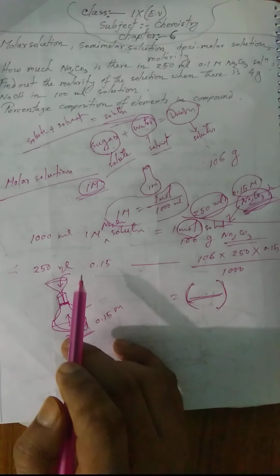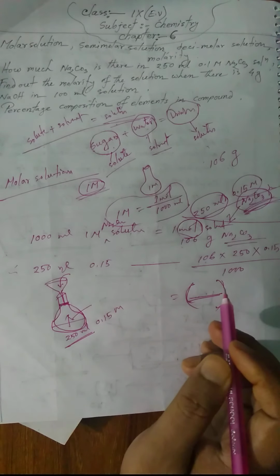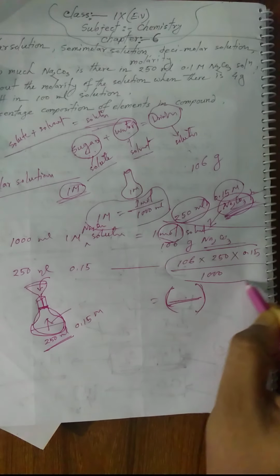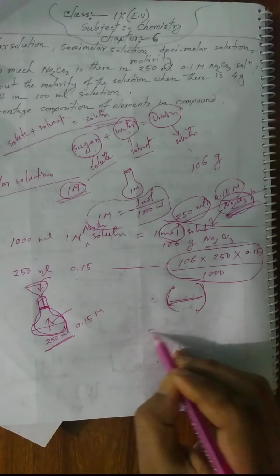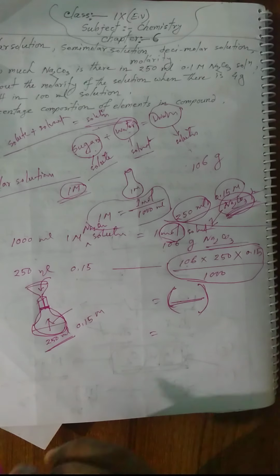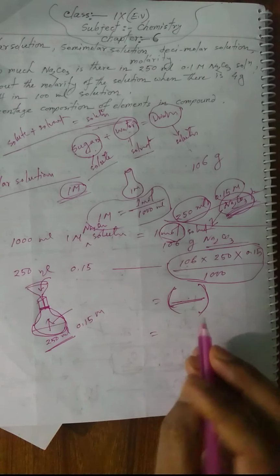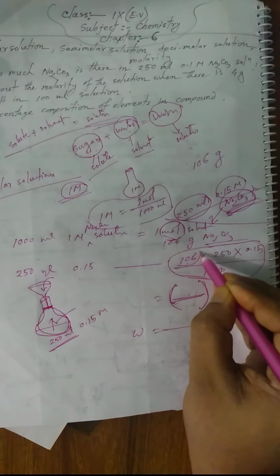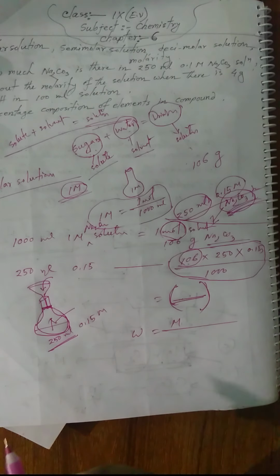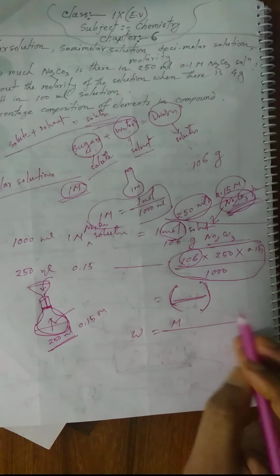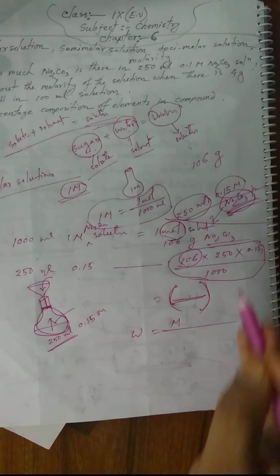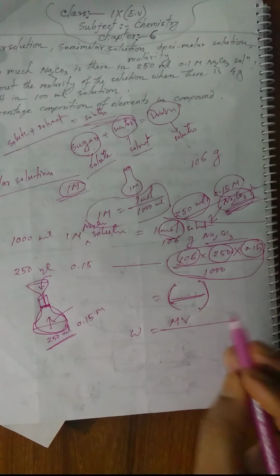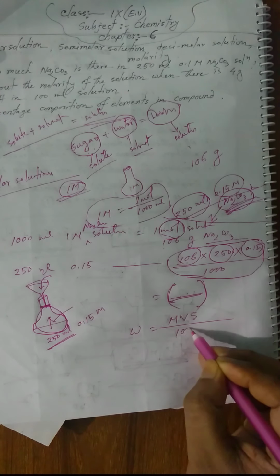We can solve these problems by using this equation. Here, in the final calculation, the amount of solute is denoted by W, and 106 is the molecular mass of the solute, that means sodium carbonate, which is denoted by M, and volume 250 is V, and 0.15 is S, divided by 1000.